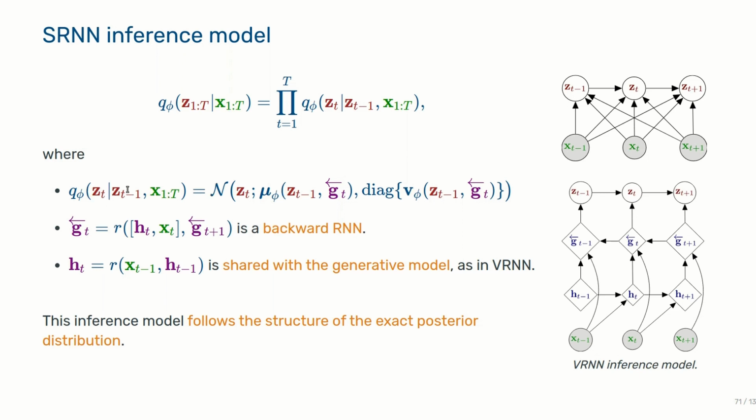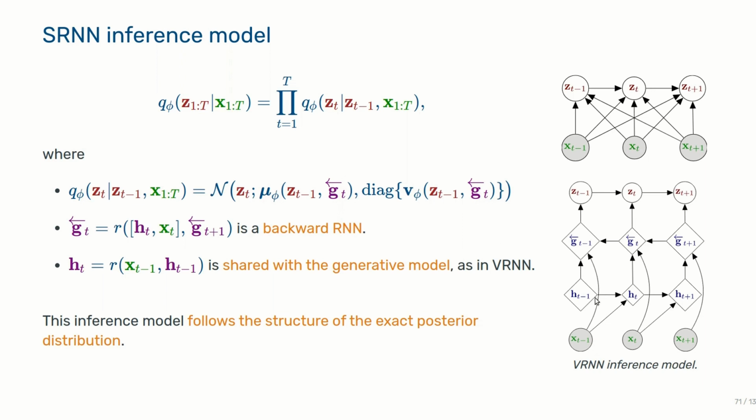Of course, Q phi is assumed to be a normal distribution, whose parameters depend on ZT-1, but also on a backward RNN, which is computed not only using the current observation, but also the current hidden state HT.